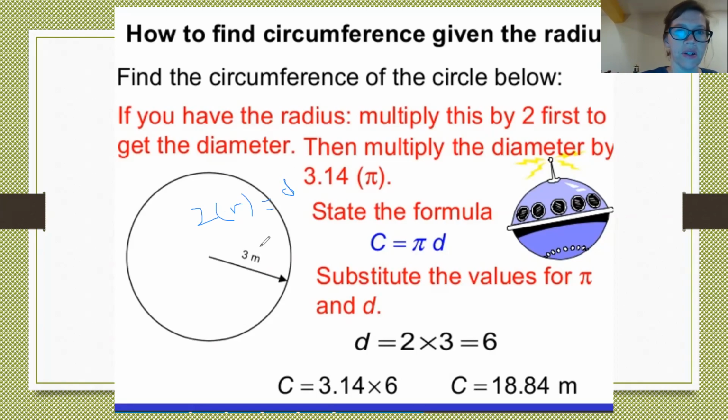Our radius was 3, so 2 times 3 would give us d, or diameter. They've already figured that out down here, and then they've multiplied pi, 3.14, times 6, which gives you approximately 18.84 meters. All right.